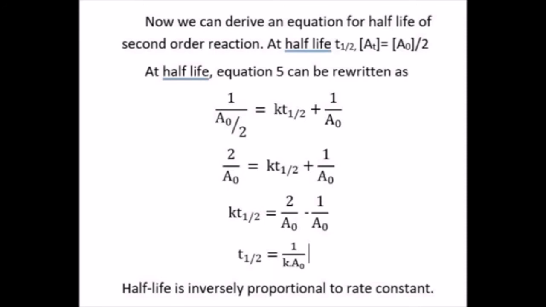Rearrange the equation, we will get 2 by A0 equal to K T half plus 1 by A0. If you are trying to get an equation for T half, then it will become 1 by K into A0. Here you see the half-life T half is inversely proportional to the rate constant as well as the initial concentration.